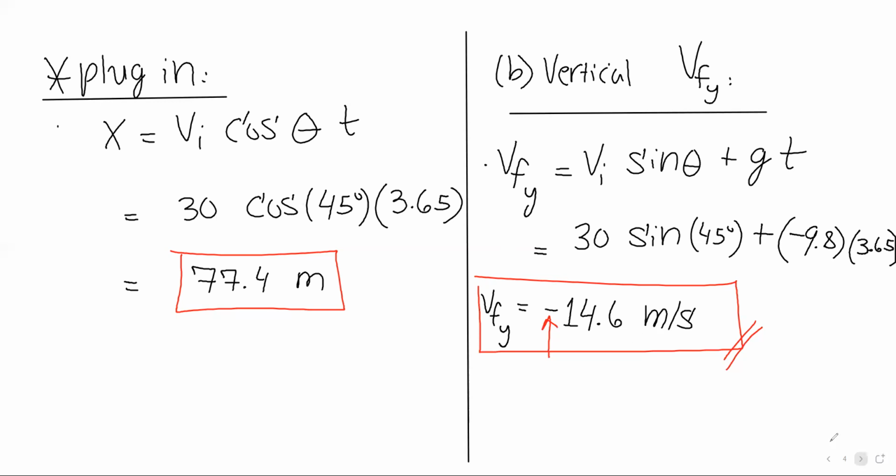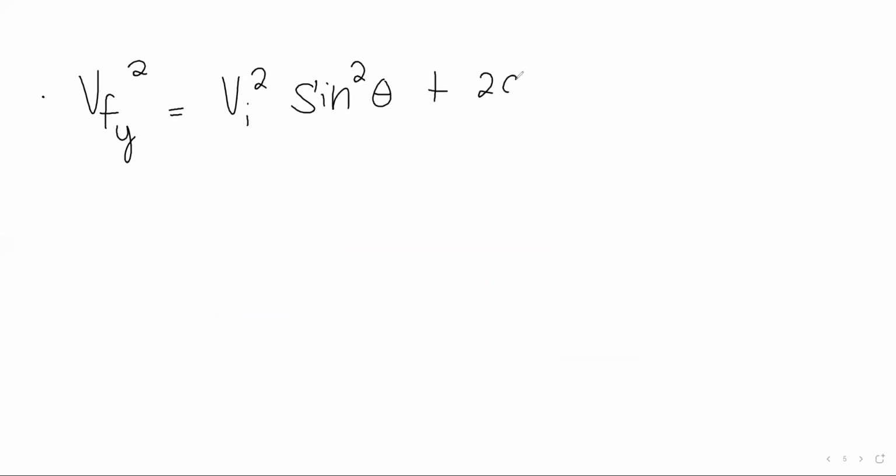So if you were solving this problem and you chose to use this kinematic equation, final velocity in the vertical direction squared equals initial velocity squared sine squared theta plus 2g y final minus y initial. This is equally acceptable and great. It just requires us to do some algebra at the end. Let's see if we get the same answer so we can check our work.